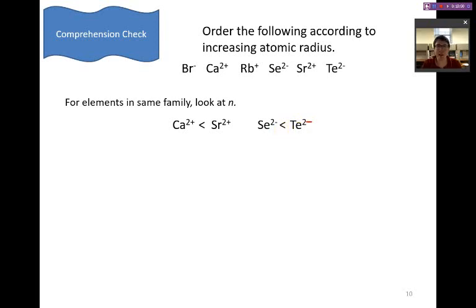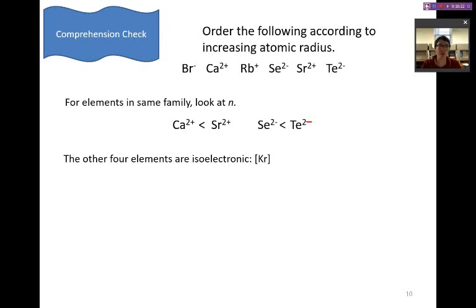What about these other elements? Well, when you see elements that have different charges, what's best to do is to evaluate and see, are these isoelectronic or not? When you write out the configurations of the 4 remaining ions, you see that they're all isoelectronic and they have the configuration of the noble gas krypton.